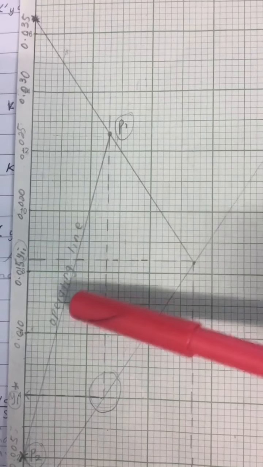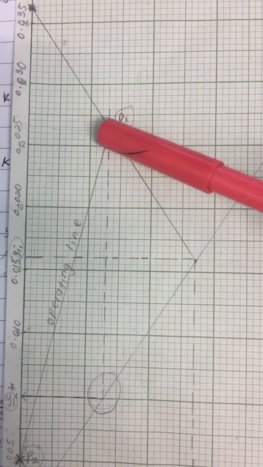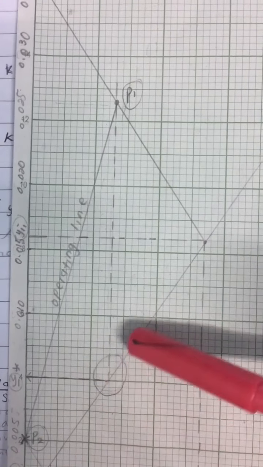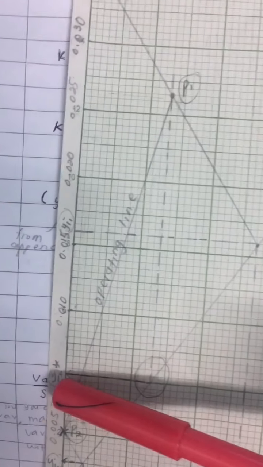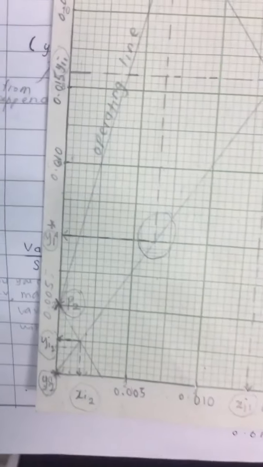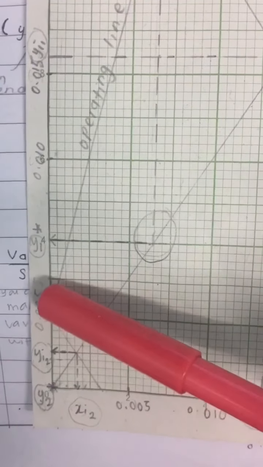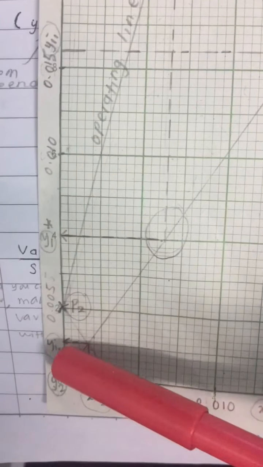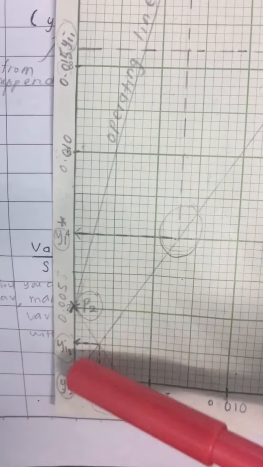The y1 star value is based on point 1, where we drag the line onto the equilibrium line, to the left. For y2 star, we get it from point 2 in the same way, dragging it down to the end, and the value of y2 star is 0.